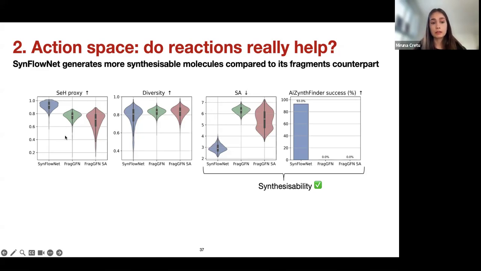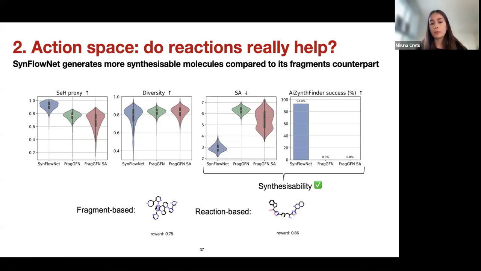What we can see is that both in terms of reward and synthetic accessibility, SynFlowNet is better, in that it manages to create molecules that are actually synthesizable, as claimed by this retrosynthesis software, with almost no cost in diversity. So these are some examples of how molecules look when we use the fragment-based GFlowNet compared to a reaction-based GFlowNet. And this is much better in terms of synthesizability.